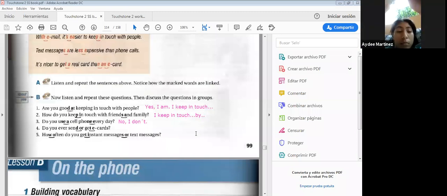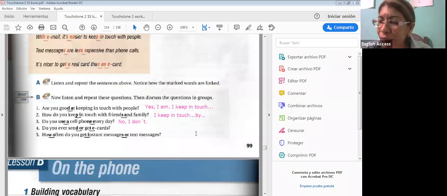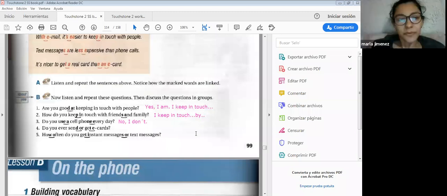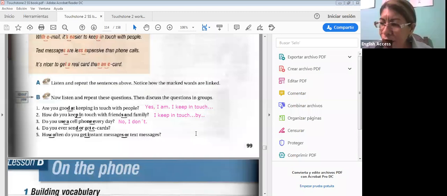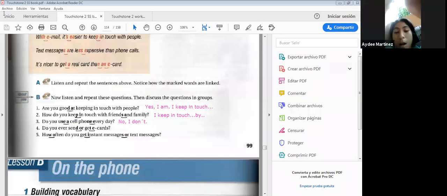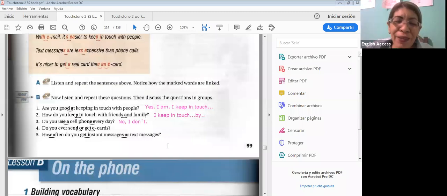How often do you get instant messages or text messages? I usually instant messages. I usually, what is the verb? I usually... Often. I need you to say the verb. Usually, it's correct.